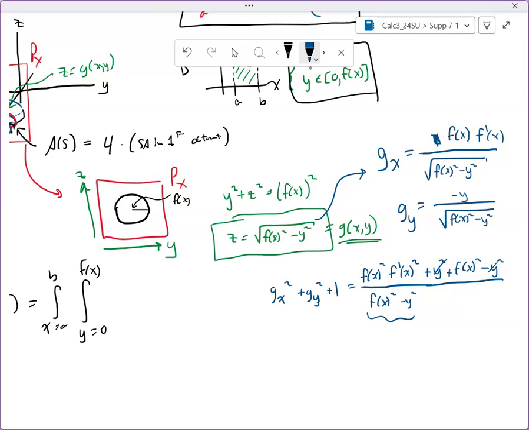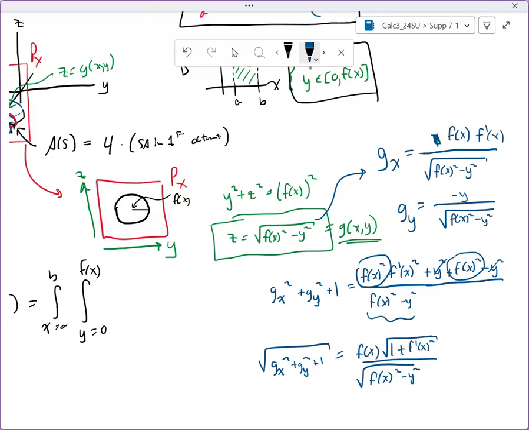These y squareds go away. And I see that I can factor an f of x squared out of both terms, leaving me with a 1 plus f prime squared. So the square root of g_x squared plus g_y squared plus 1 is going to be, well, the f of x squared can come out of the radical as just an f of x times root 1 plus f prime of x squared over the square root of f of x squared minus y squared.